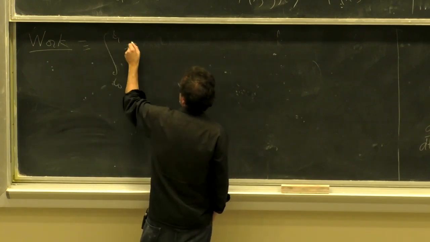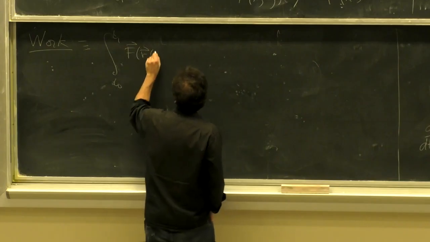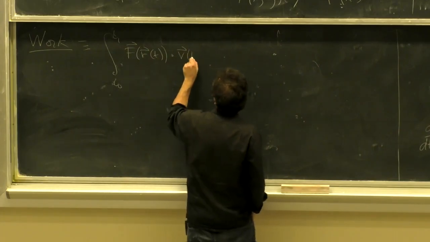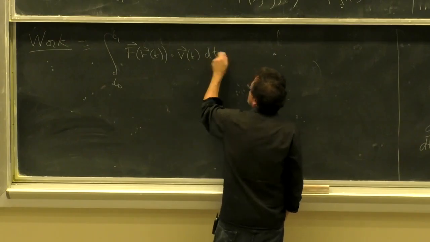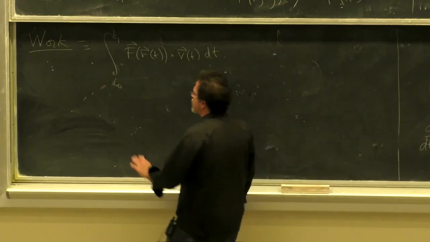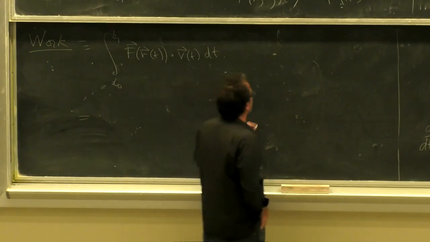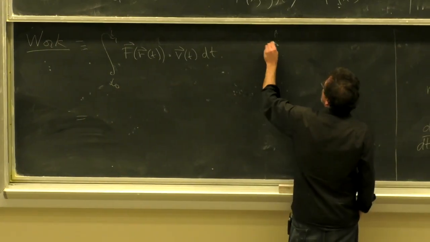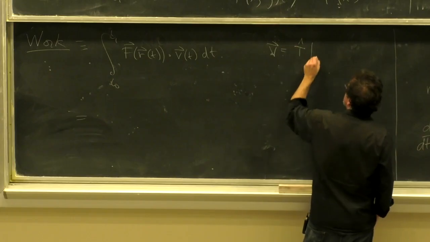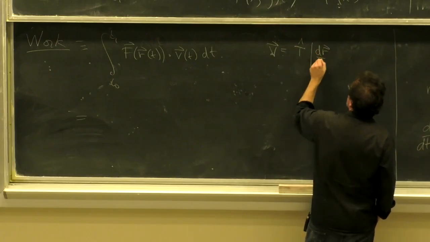I'm going to rewrite the dot product, switching the order because it'll make life a little more convenient: v vector of t dotted into f, dt. I'm going to rewrite this equation as follows. I recall to you that v vector is equal to the unit tangent times the magnitude of dr dt.